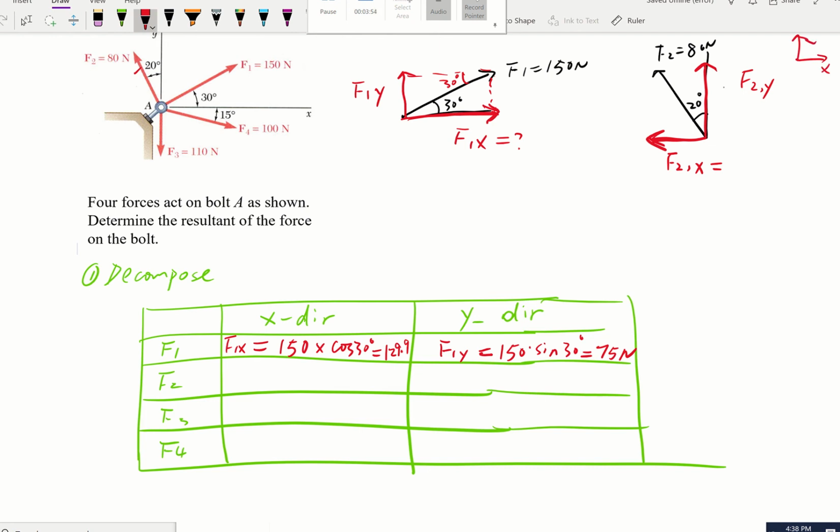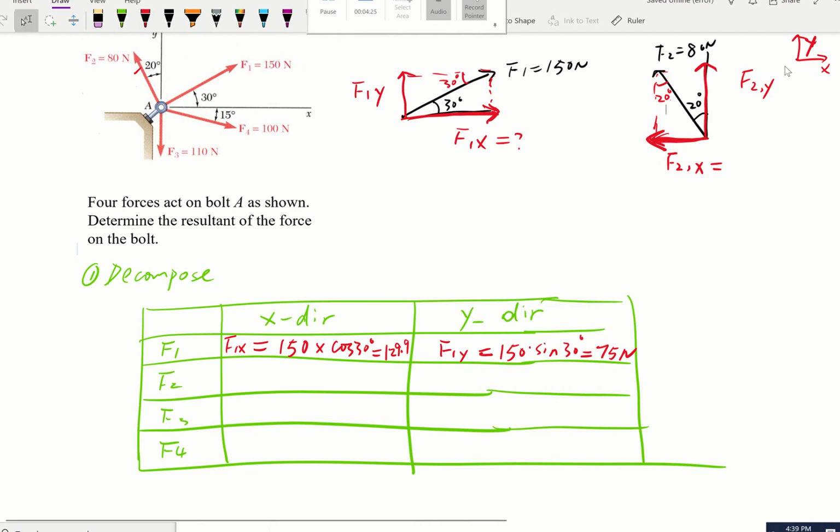Since the x direction is pointing to the left, we know this force is going to have a negative value. That's what I emphasized previously: you have to watch out for the sign. Now let's find the value for F2x. This angle is 20 degrees, and F2x is opposite to the 20 degree angle.